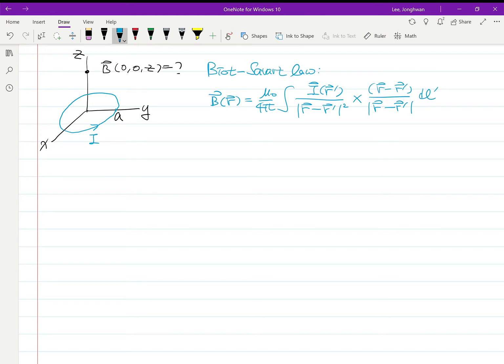If this equation is a little bit different from what you see in the textbook, I uploaded another video, so I will put the link in the description so you can find that video.